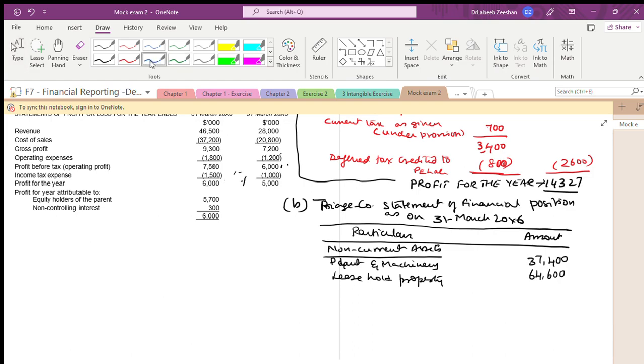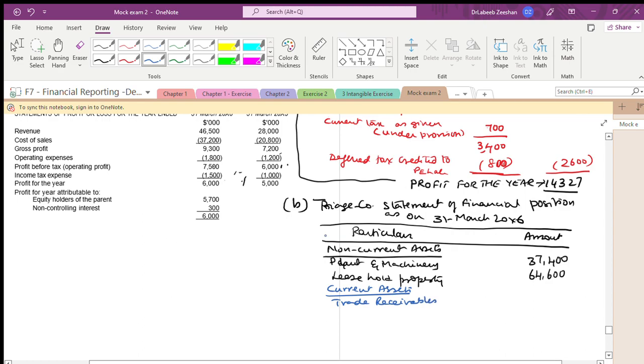You put it as current assets. Trade receivables are how much? 28,000. Minus, there is a fraud.